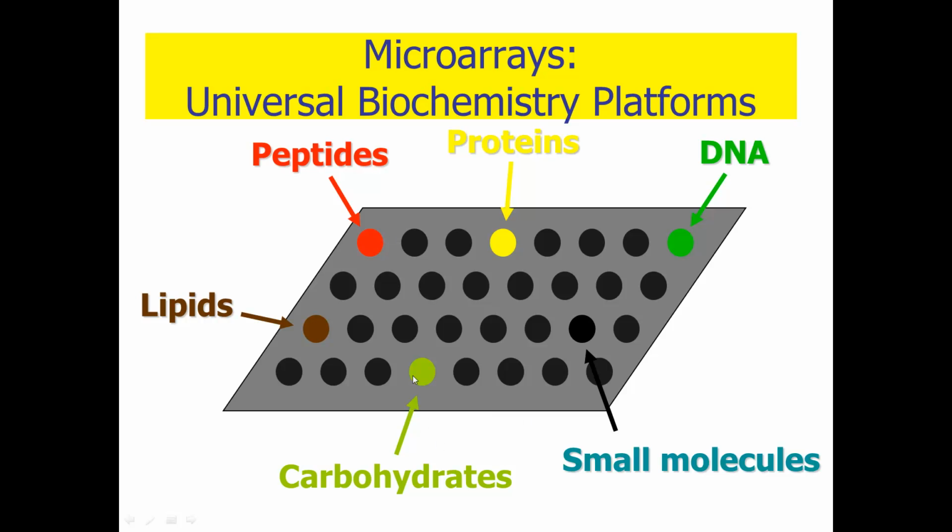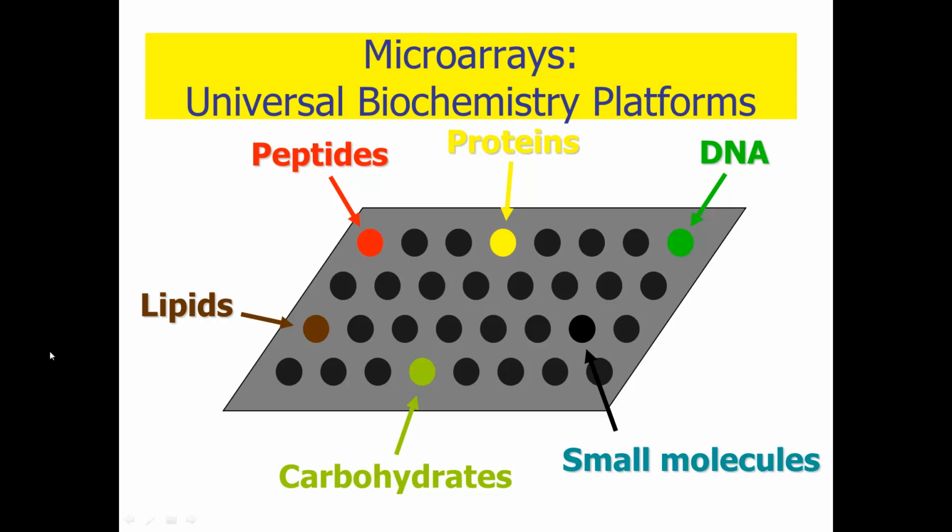They can put carbohydrates down and then see if there's carbohydrate binding capability that's different in the different tissues. So some of these spots would represent different types of carbohydrates, and then the labeled proteins would bind the carbohydrates differently in the tumor versus the normal cell line.